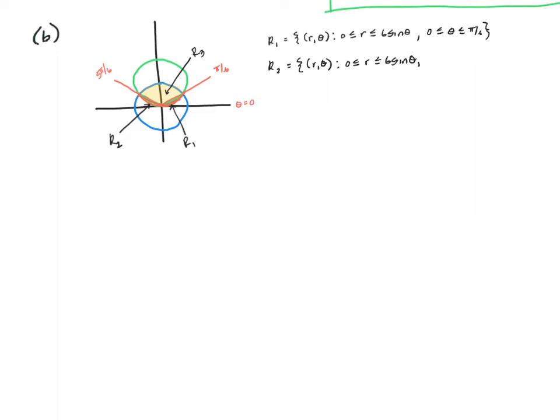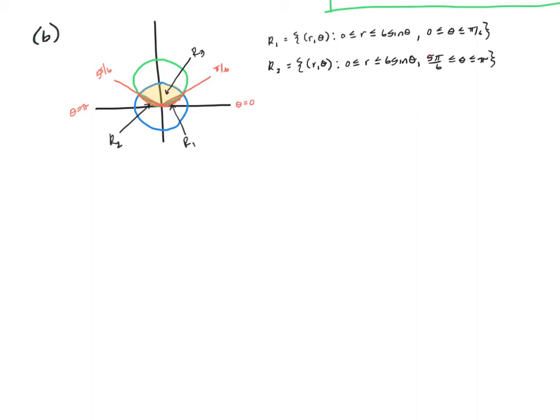It's just the theta values that are going to change. Notice that my theta values are going to go from 5 pi over 6 to a theta value of pi.